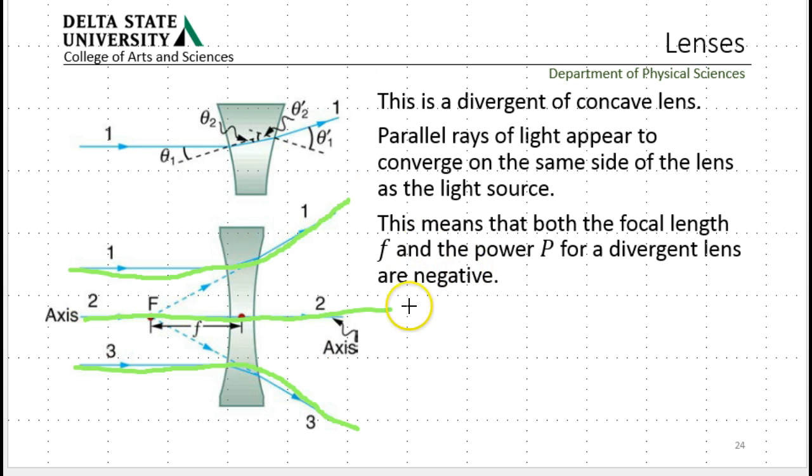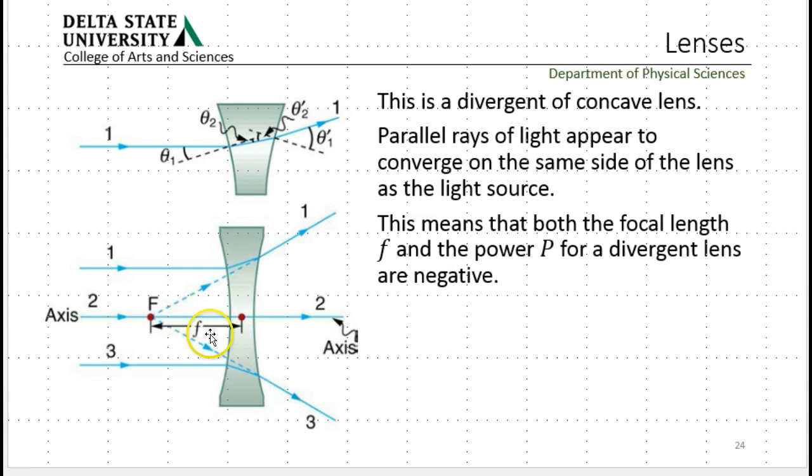If you were on this side of the lens, looking at it with your eye, let's give you some eyelashes, everything this side of the lens, you would actually see this focal point. But this focal point is virtual. And it's virtual because that's not where the lines of light actually cross, it's just where they appear to cross.